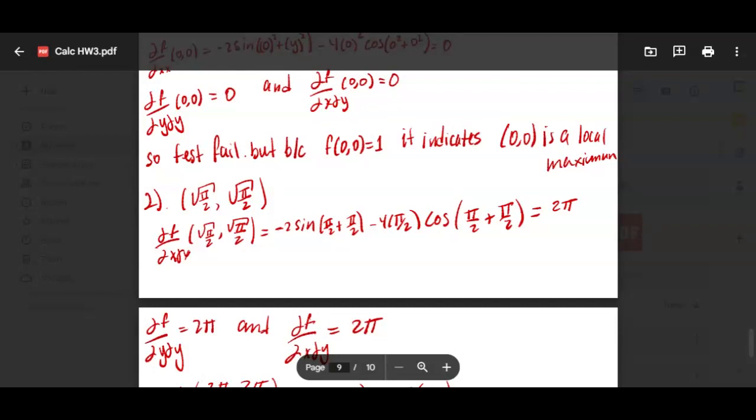How did you conclude the origin 0, 0 is a local maximum? Can you repeat that? So you said the test failed, as D equals 0, we cannot make any conclusion. But because f of 0, 0 equals 1, 0, 0 is a local maximum. Why is that?